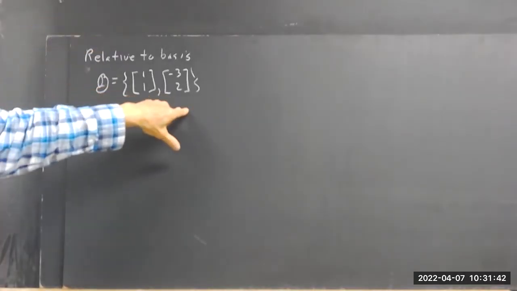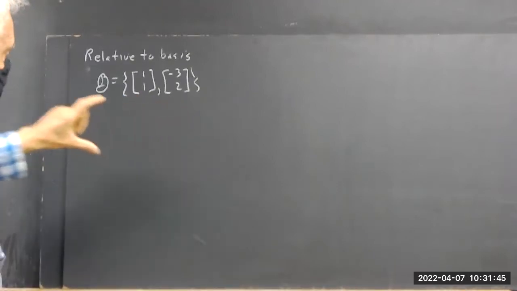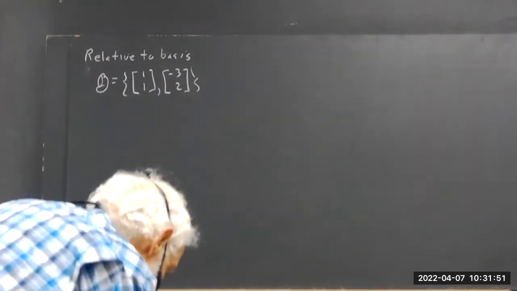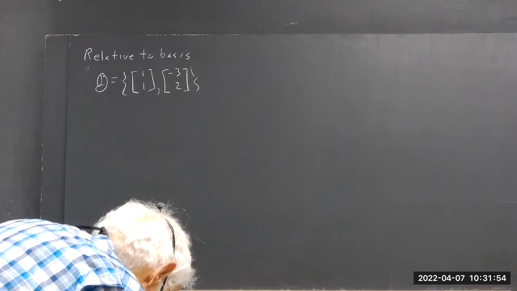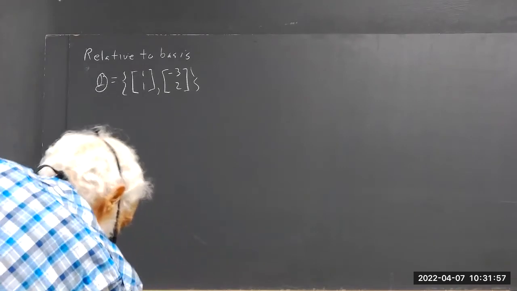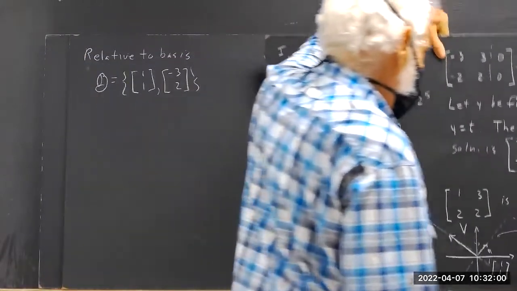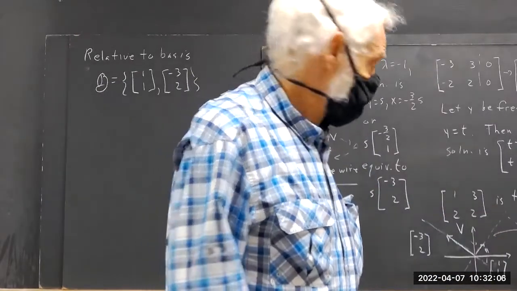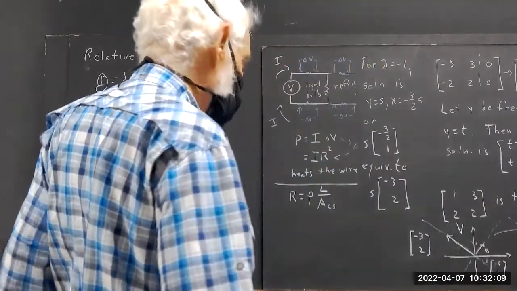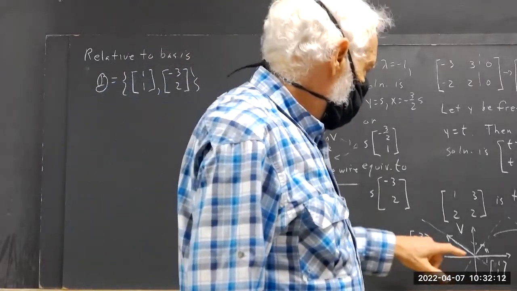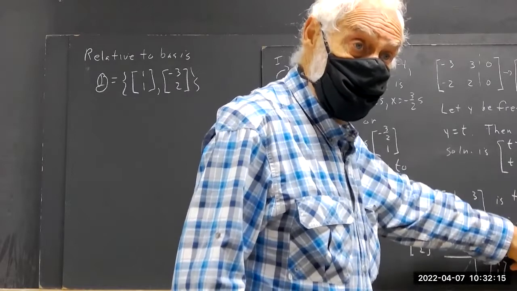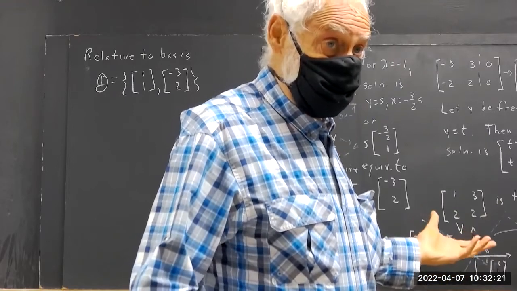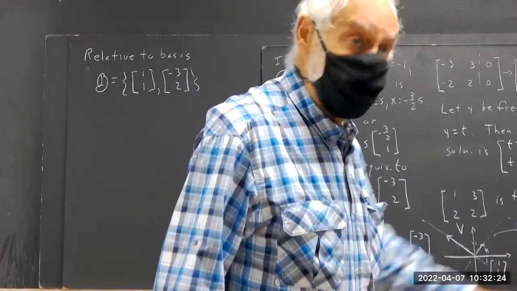If we use the same basis for both V and W, transforming from R2 to R2 again, let's go to the picture. Notice where we are. Here's our picture. Over here, we used different bases than we did somewhere else. We used these vectors for the basis here, these vectors for the basis here, and we got the identity matrix. I'm going to use the same basis for both spaces.